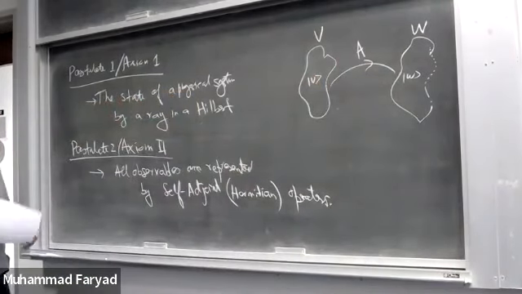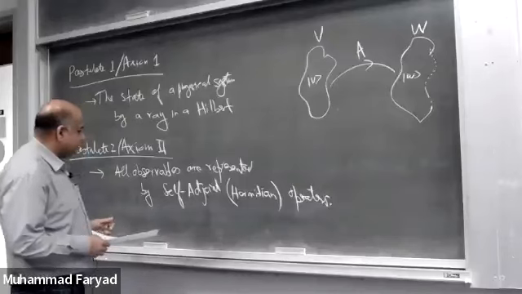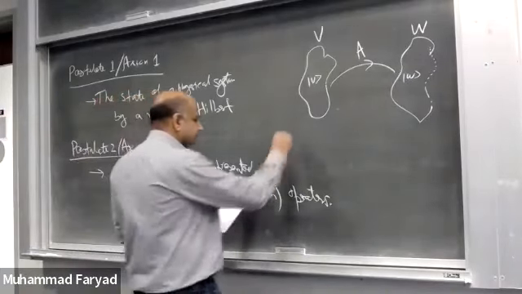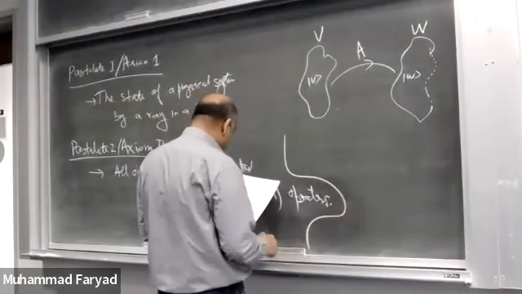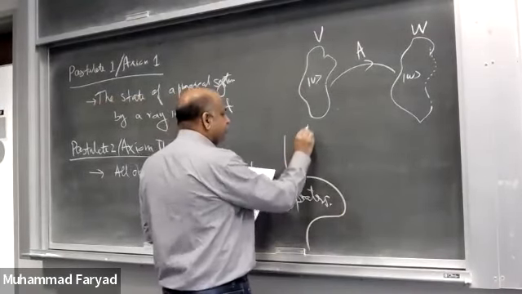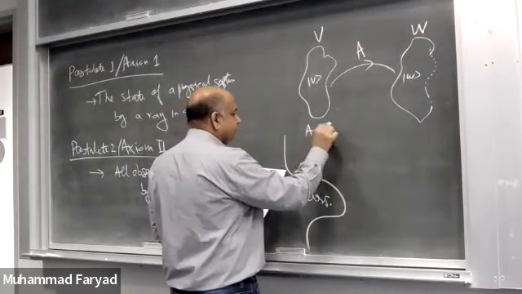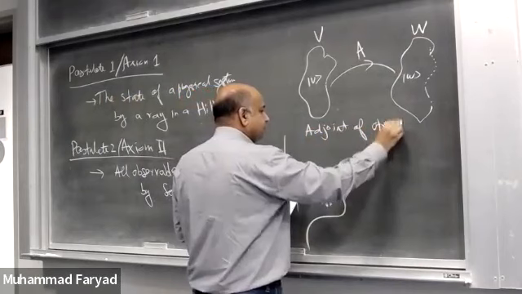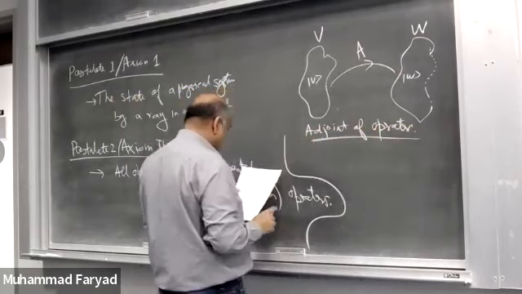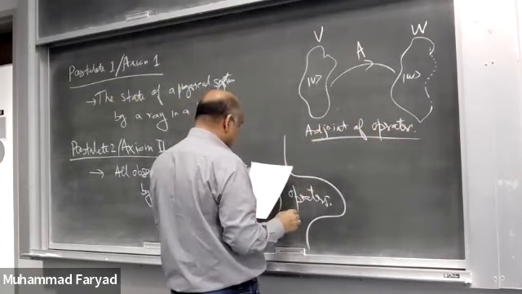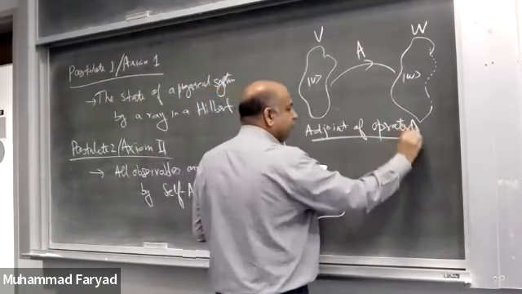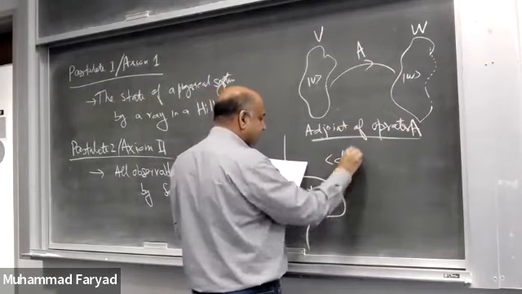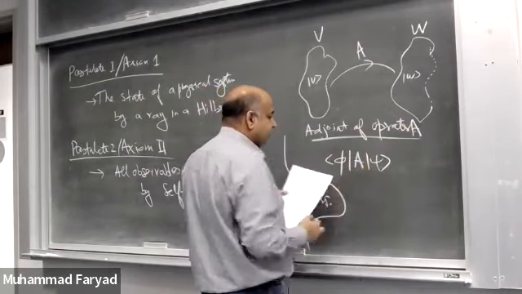Okay, and let's now define the self-adjoint or Hermitian operators. And before that, let's define the adjoint of the operator. So let's say we have an operator A, and this is some vector phi, and this is some vector psi.